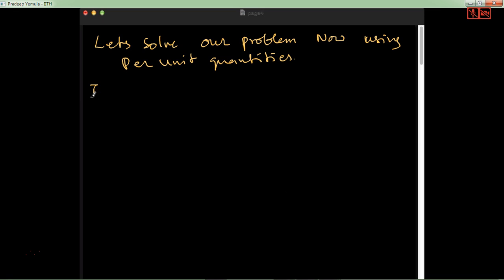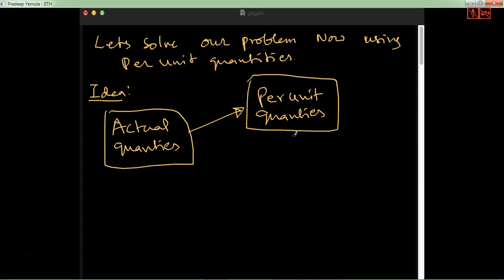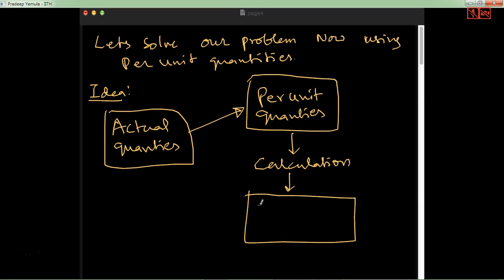So the idea is, here you have actual quantities. Then you transform them into per unit quantities. Then you do the calculation, then you will get the results in per unit.